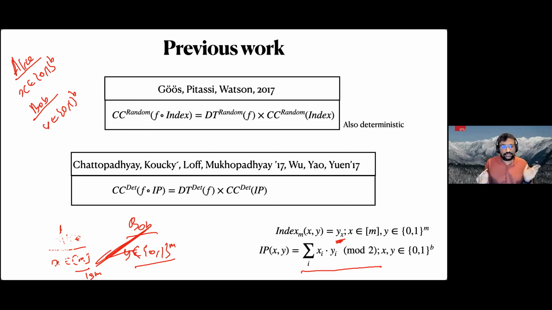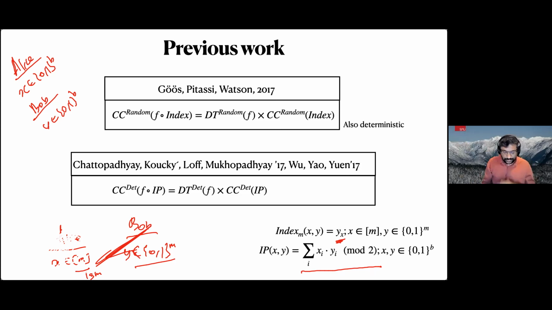So you just take the sum of x_i y_i, mod 2. Okay. So in the inner product gadget, both Alice and Bob have similar sized inputs, whereas in the index gadget, there was this asymmetry where Alice's inputs were tiny compared to Bob's inputs.